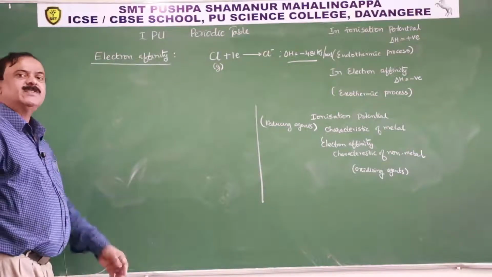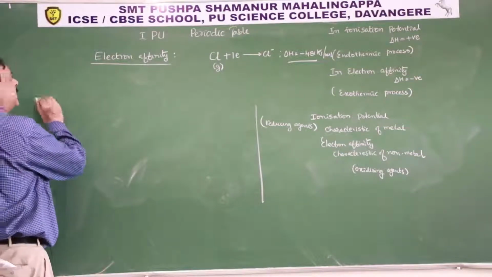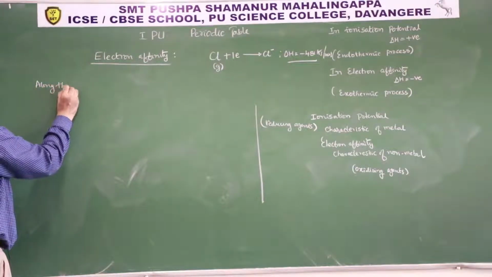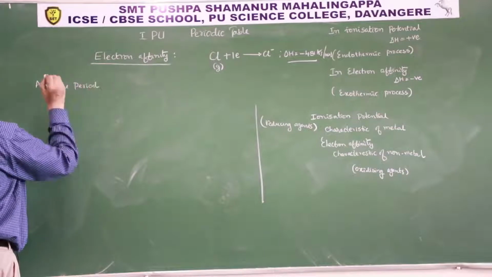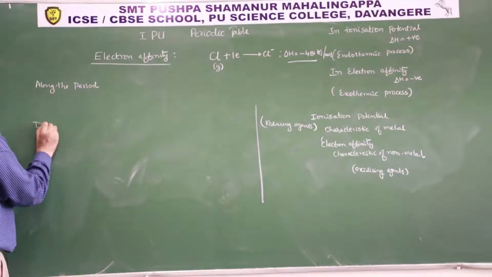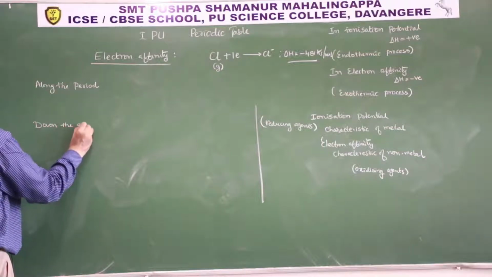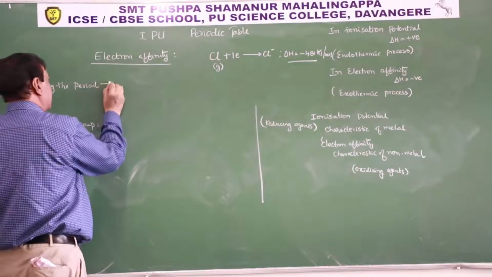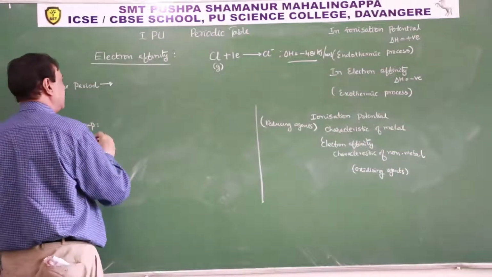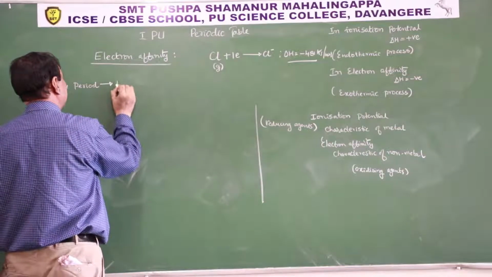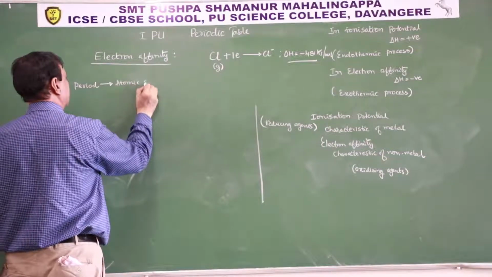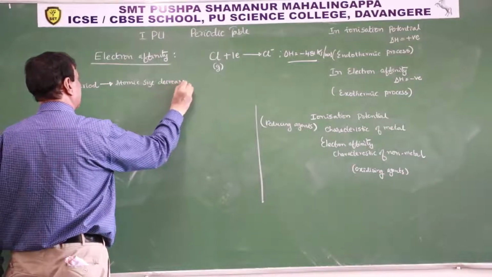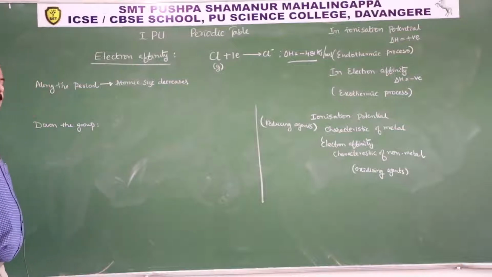Now, it depends upon various factors. How does it vary along the period and down the group? Along the period, atomic size decreases.